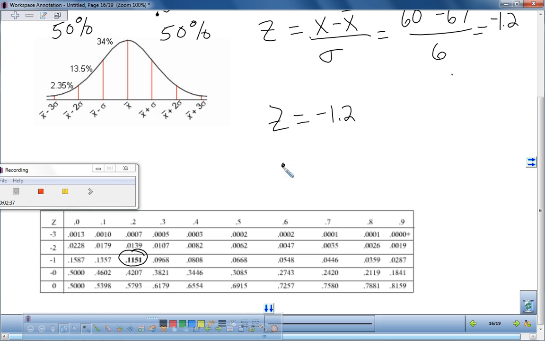If we're leaving it as a probability, that would be our probability. The probability of x being less than or equal to 60 is equal to 0.1151. Percentages, we would just move it over and it'd be 11.51%, but right now we're talking about probability. So 0.1151 is the probability of picking out x and it being 60 or less.